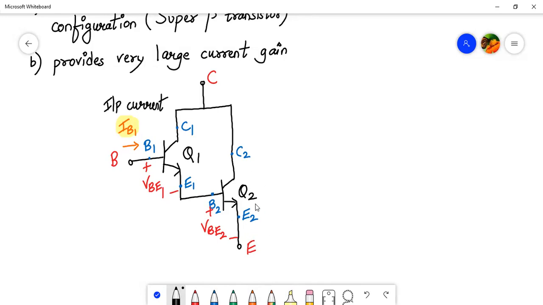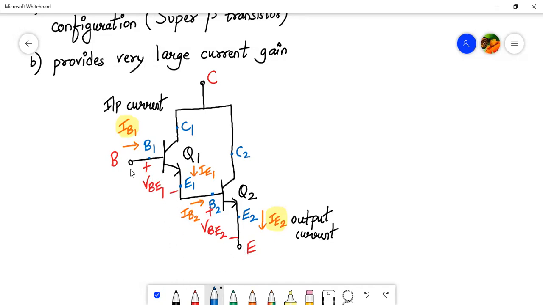Here IE2, which is flowing into the emitter 2 terminal, is called the output current. What about the intermediate currents? So here the current which is flowing is IE1, and here the current which is entering the base terminal is IB2, right? So now here we have VBE1 and VBE2.